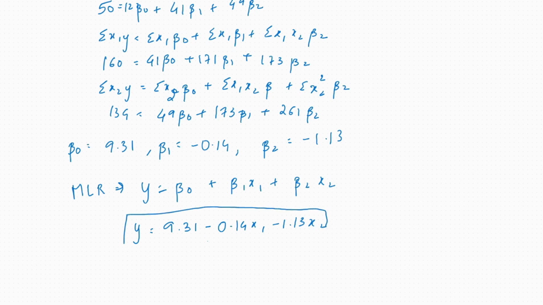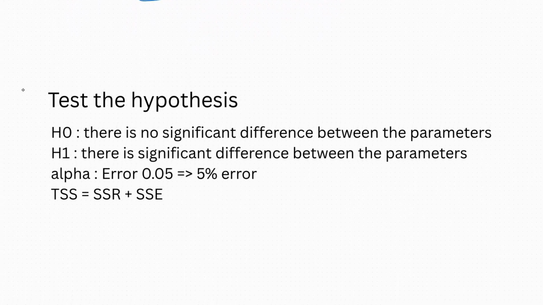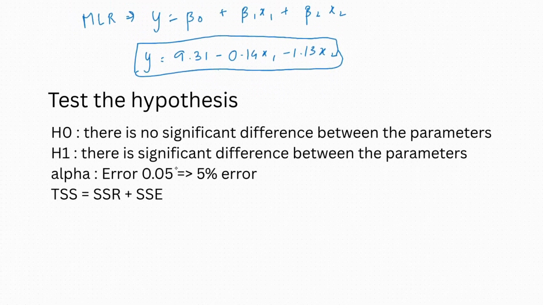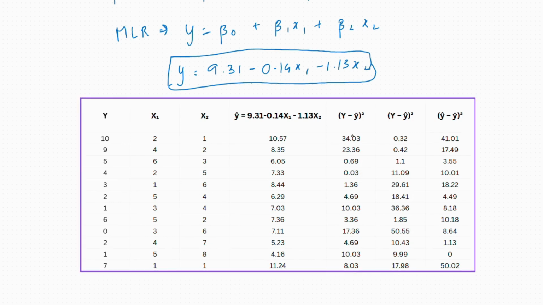Now that we got the MLR equation, we have to find the table for calculating y cap. We need summation of y cap. Now we got the table values. Now we have to find the TSS, the summation of (yi minus y bar) whole square.